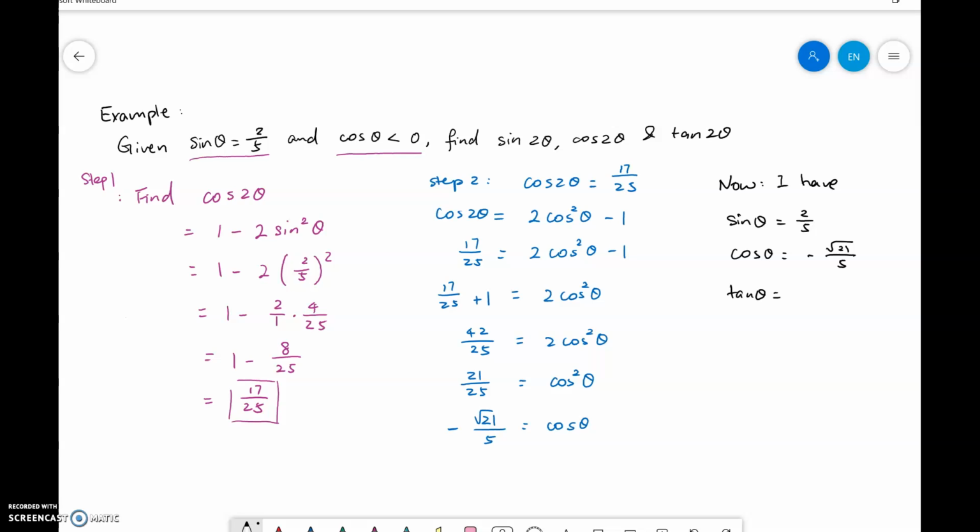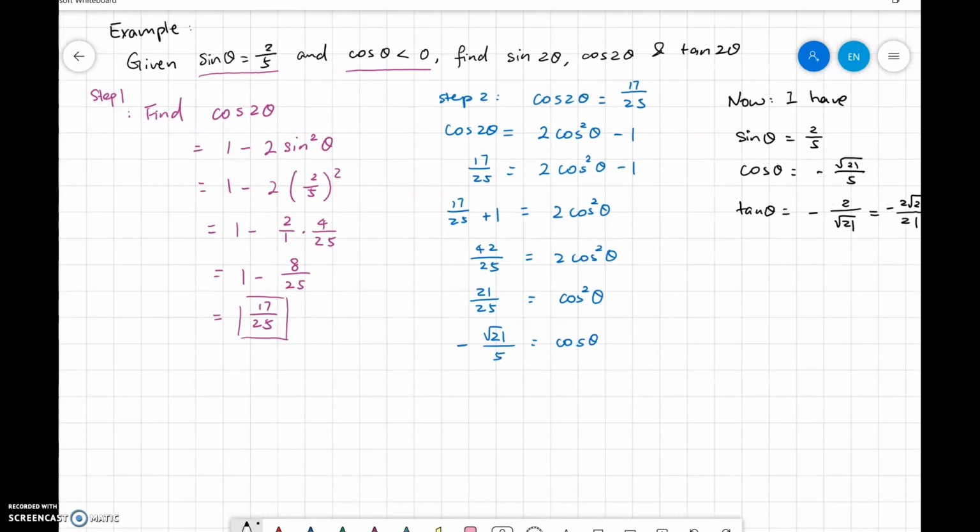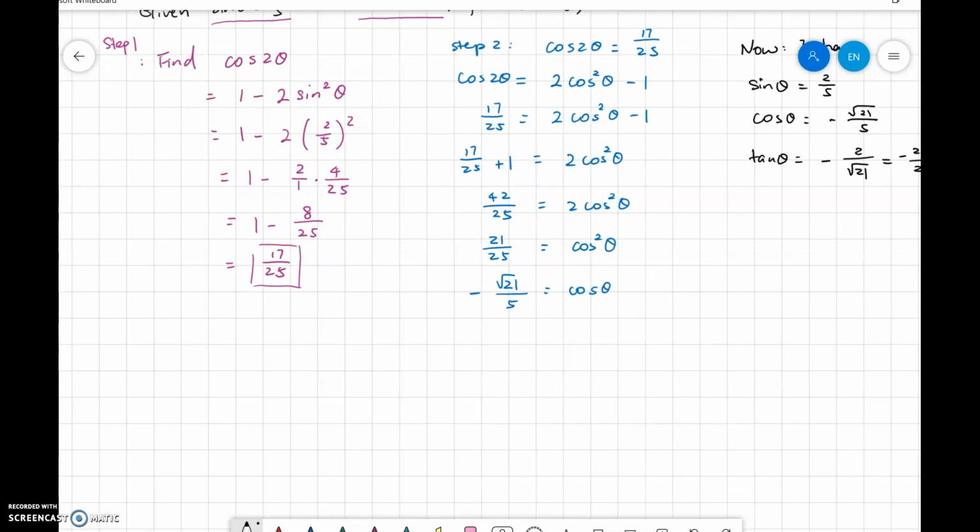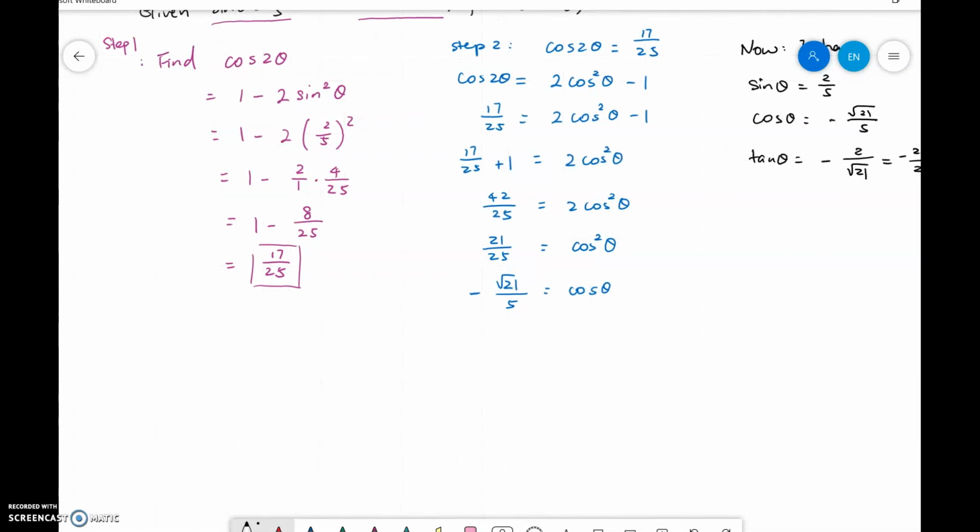Tangent of theta equals negative 2 over square root of 21, which is negative 2 square root of 21 over 21.